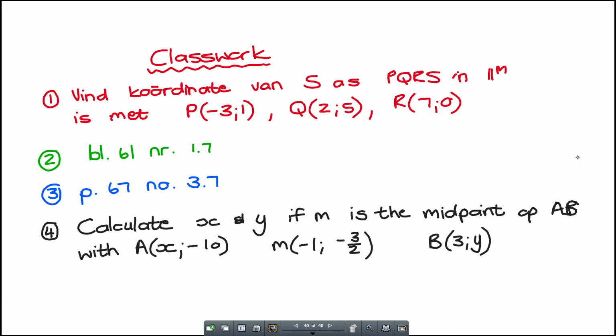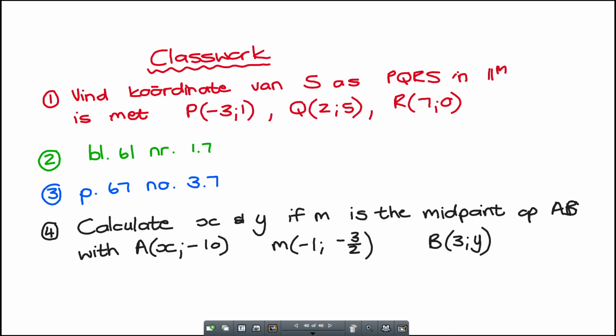Goed, dan. Julle het nou gevra vir nog, nee? So het ek vir jou 4 vragies gegee vir klaswerk. At number 1, find the coordinates of S if PQRS is a parallelogram. En in plaas van die prentjie gee ek net vir die koördinate. Okay, so that's the one thing. Then, number 2 is on page 61.